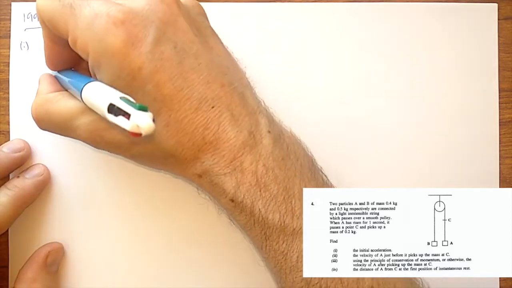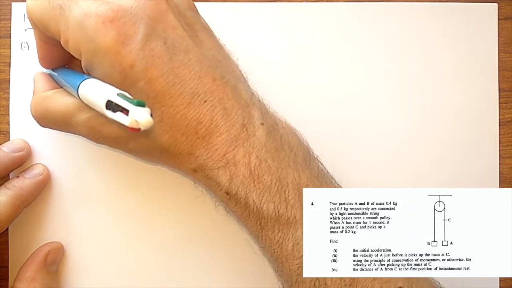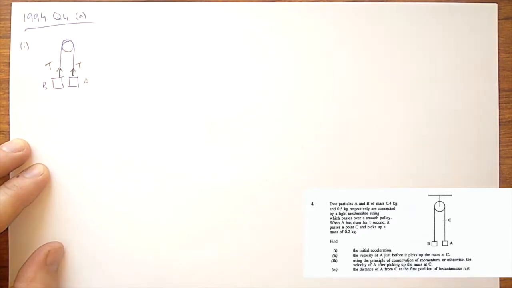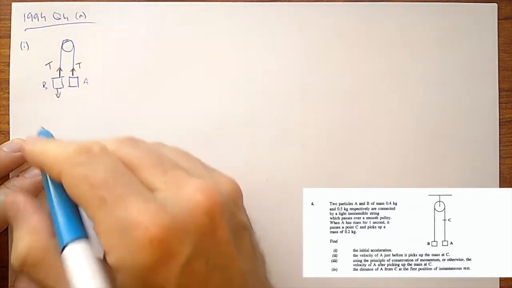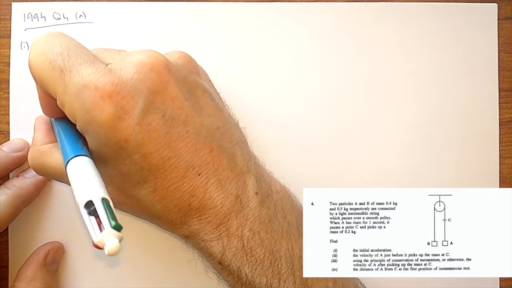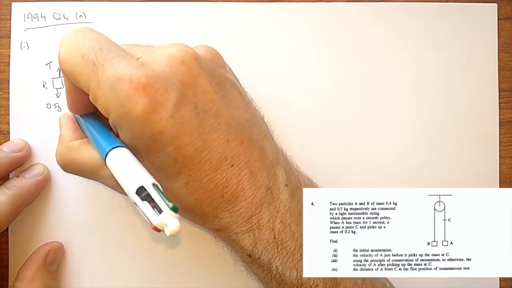It's one string, so there's going to be a tension pulling up on each side. That's fine. And there's going to be a force going down on them. So we'll do all our forces in black here. Going down, B is 0.5 kilograms, so 0.5 G. And A is 0.4 G.